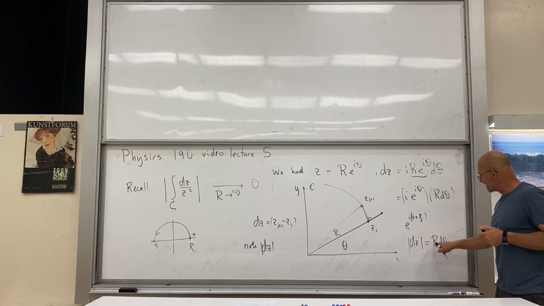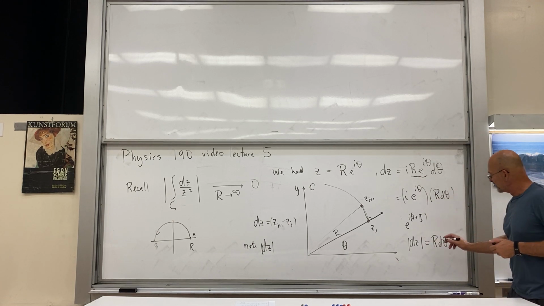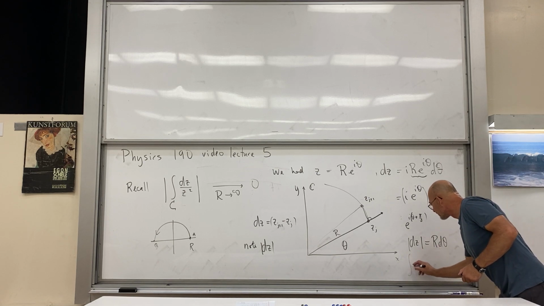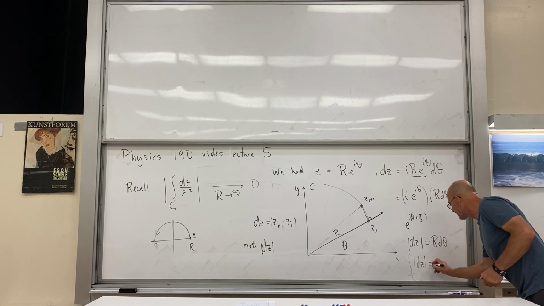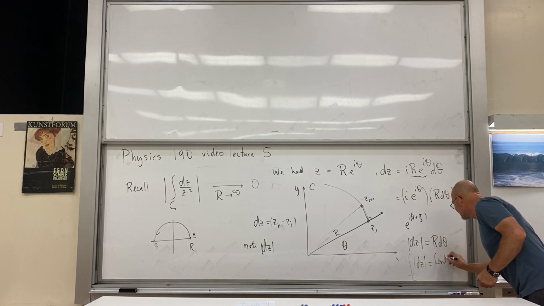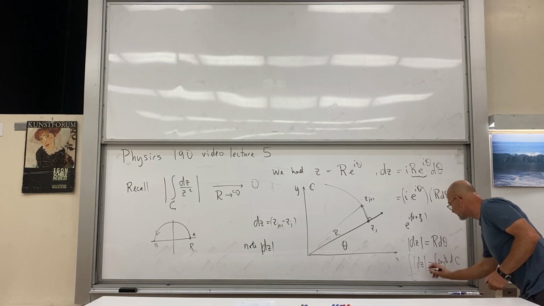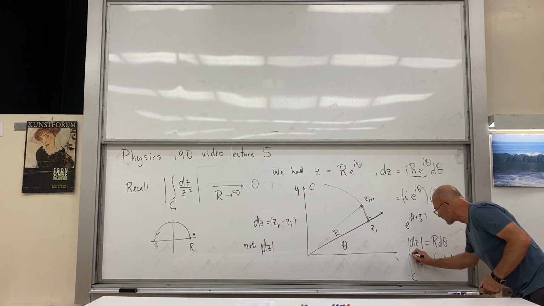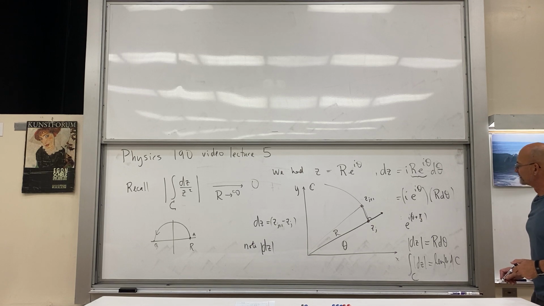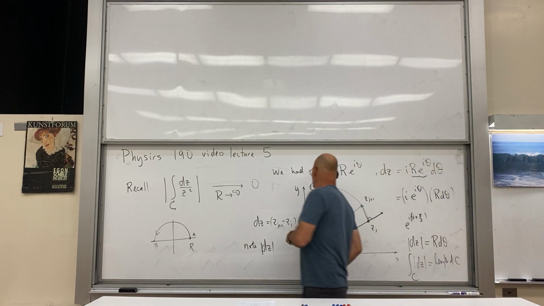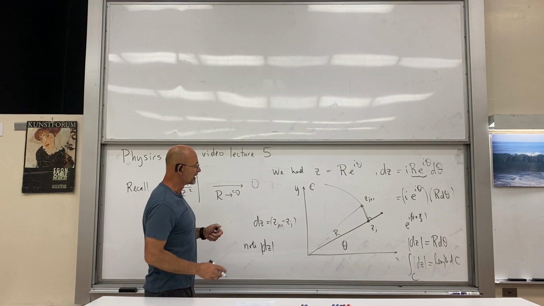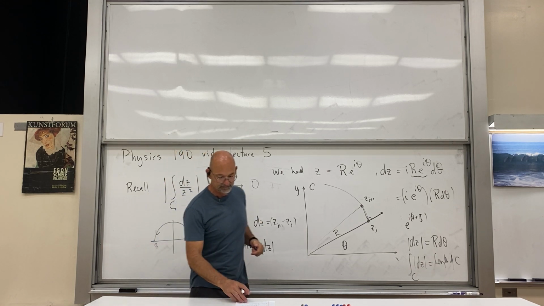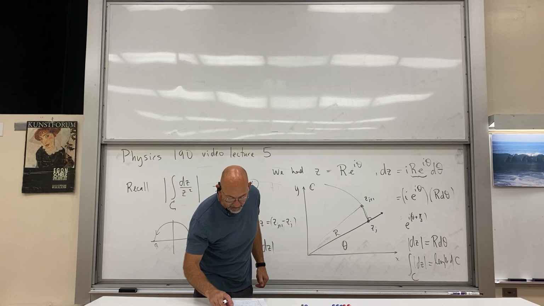Because the magnitude of dz is just r d theta, it's clear that the integral of the magnitude of dz is the length of the contour C. So these things are geometrically very clear in your two-dimensional complex plane.